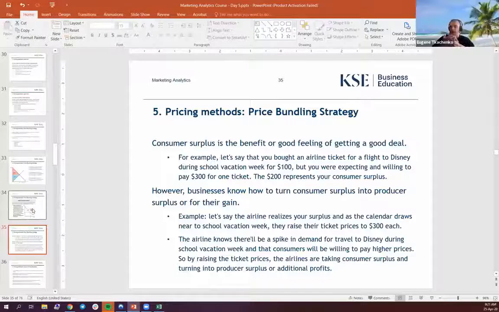But for example, in this case, we are saying that the airline knows that, for example, during school break times or in summer, parents are more likely to take a vacation and fly with their kids to Disneyland.